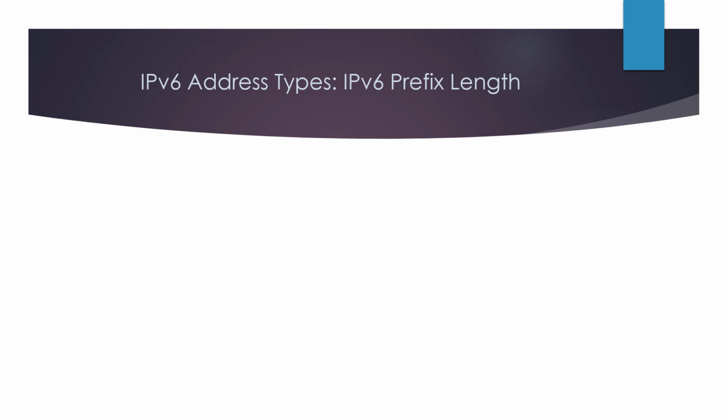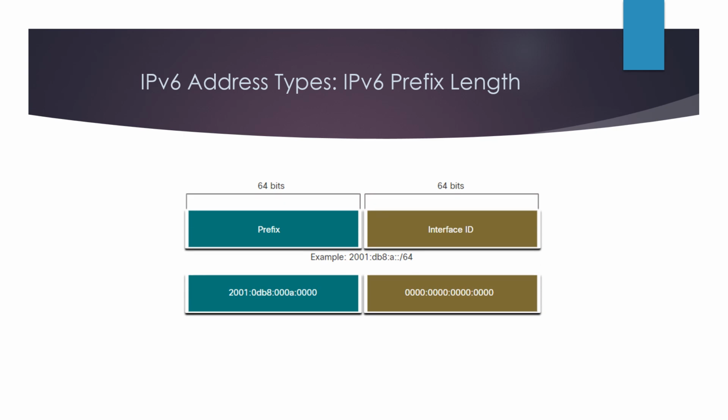The recommended IPv6 prefix length for LANs and most other types of network is /64, as it is shown here. The prefix or network portion of the address is 64 bits in length, leaving another 64 bits for the interface ID or host portion of the address.